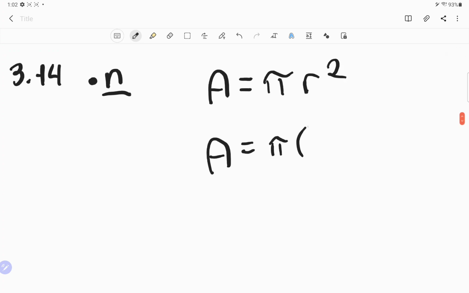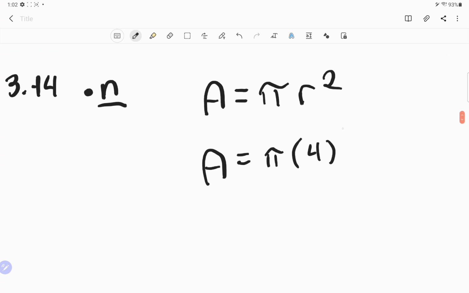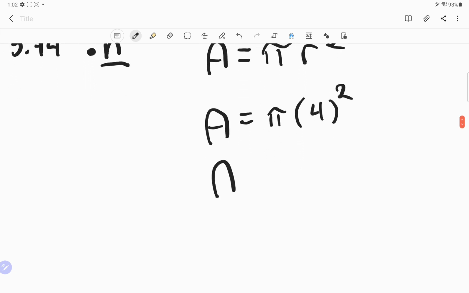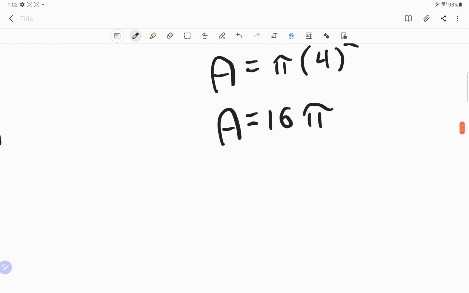It's pi, and the only number this one has is the radius, so this one's actually pretty nice. 4 times 4 is equal to 16 pi. If I were to ask you just to leave it in pi form, that would be your answer, but they're actually asking us to get the value for it. So I'm going to multiply 16 times 3.14.